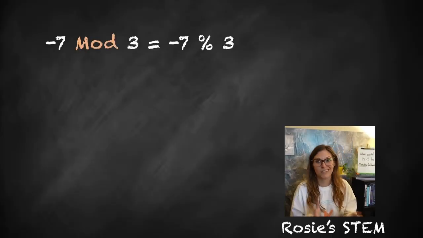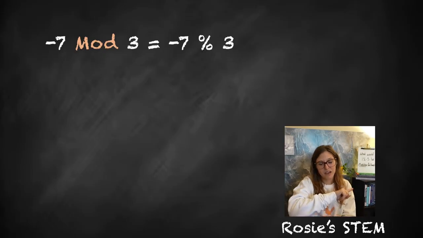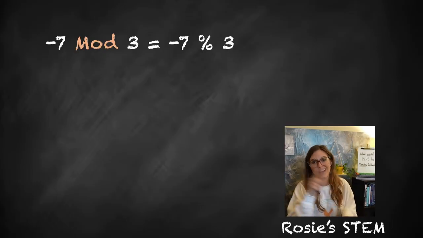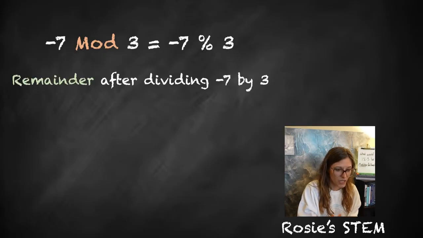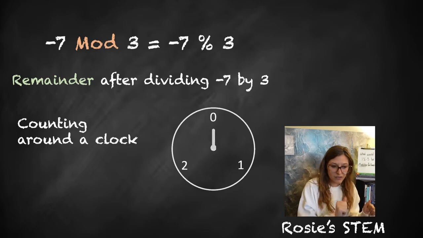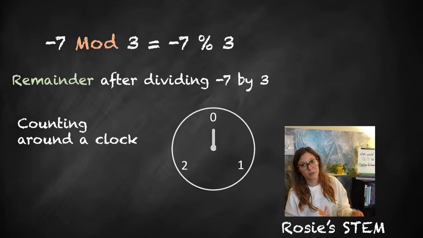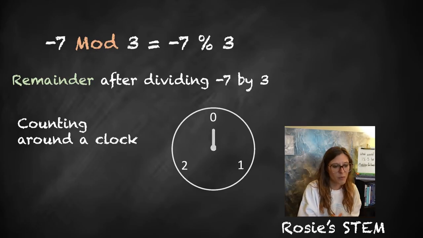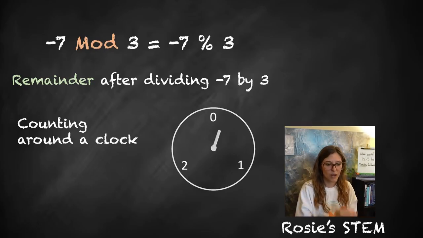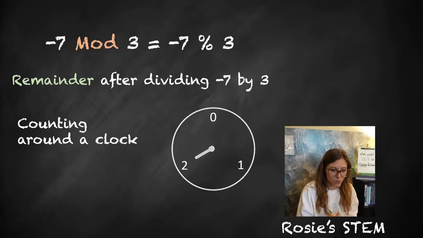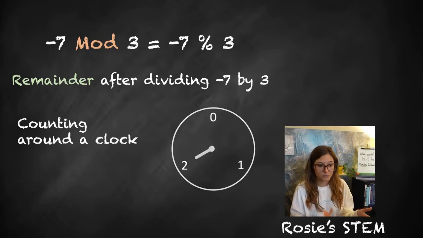Now what happens when we extend this to talk about negative numbers? For example, -7 mod 3. The negative sign is going to signal us to count backwards around the clock. So instead of counting clockwise, we're going to count counterclockwise. We're still counting around that same clock that has 3 numbers starting with 0, but now in the opposite direction, which means we're going to end at 2.